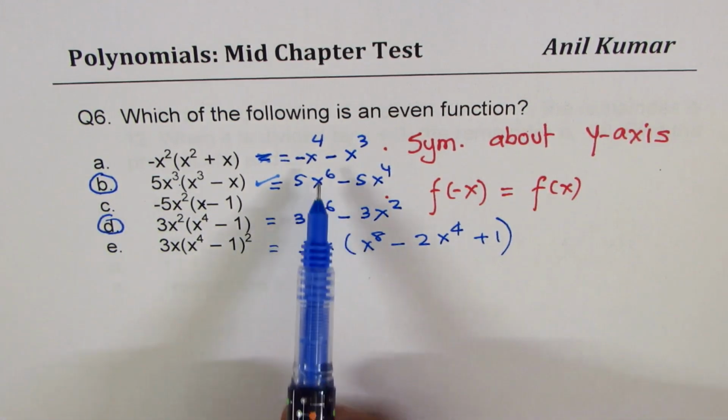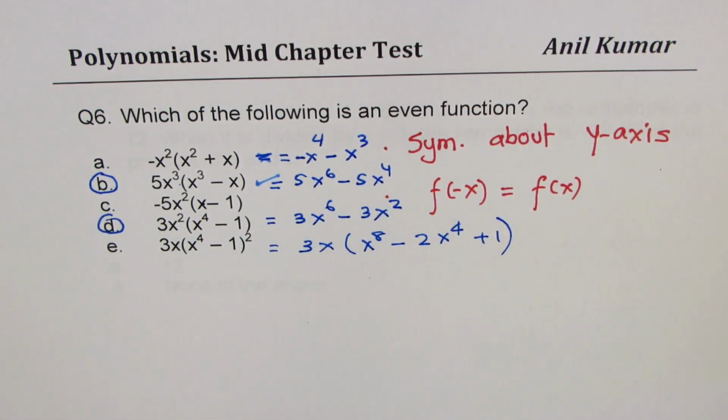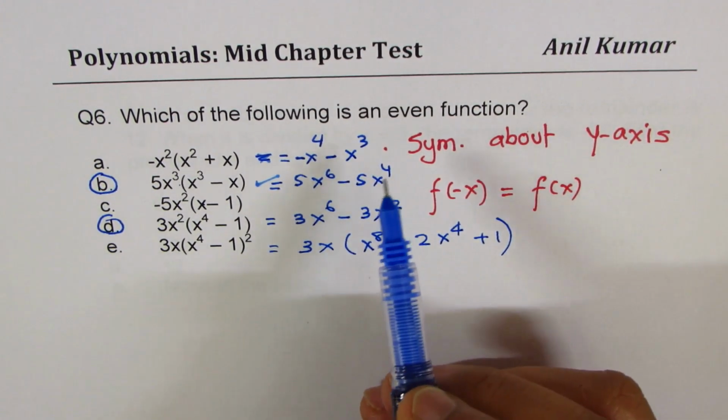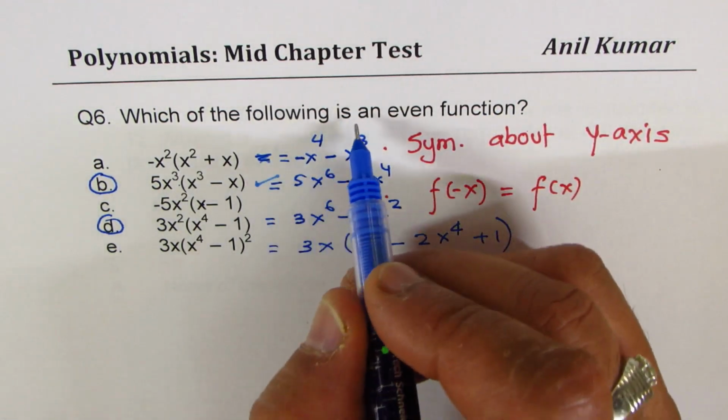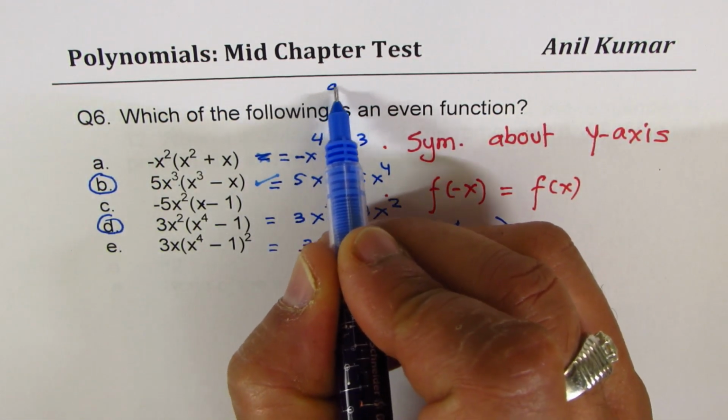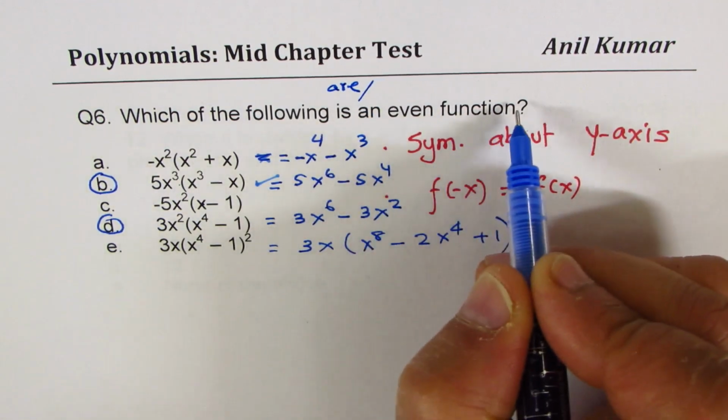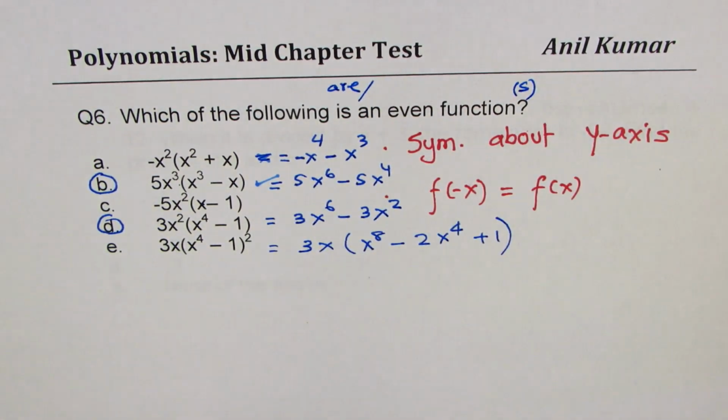So here we actually have two even functions, right? Which of the following is an even function? Basically we have two here, b and d, right? So the following are even functions. There are two which are even functions.